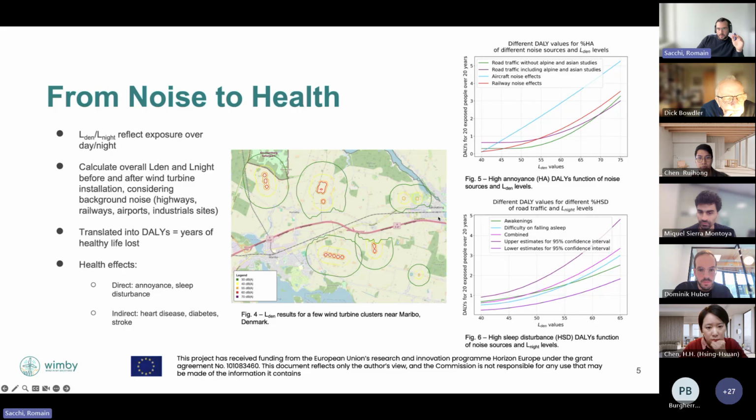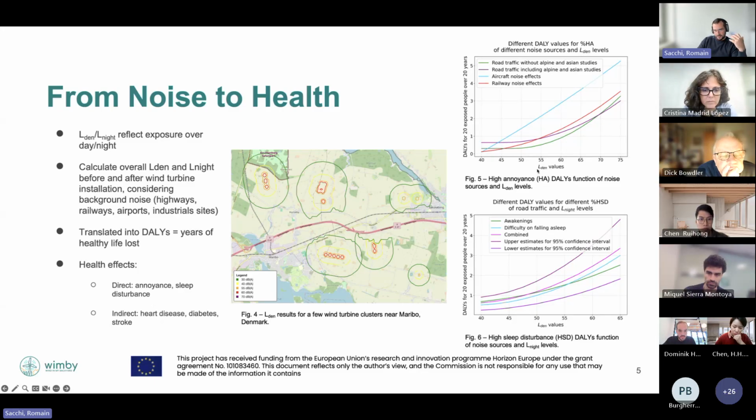Then, having this information, we're able to connect that to some of the models from the World Health Organization, which has been providing some relation functions between exposure to LDEN and L night and DALYs. So we have some curves here for different sources of noise. Unfortunately, and this is the main limitation of this work, we don't have such a curve for wind turbines, because, as I told you at the beginning of this presentation, the noise from wind turbines is often overlooked. When looking at the different noise profiles of these different noise sources, we ended up using the profile of road traffic, which seemed to be the closest to the profile of noise emitted by a wind turbine.